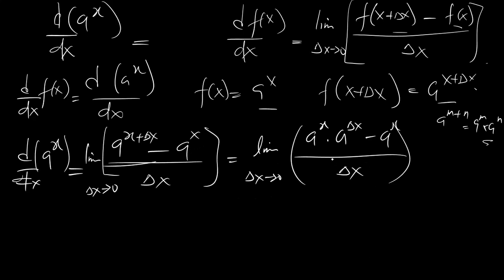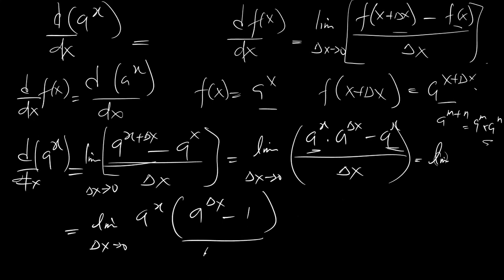When you check the whole of this, you have a common factor here. Factor out a raised to power x, and divide this by a raised to power x. What you're left with is a raised to power delta x minus 1, all over delta x.